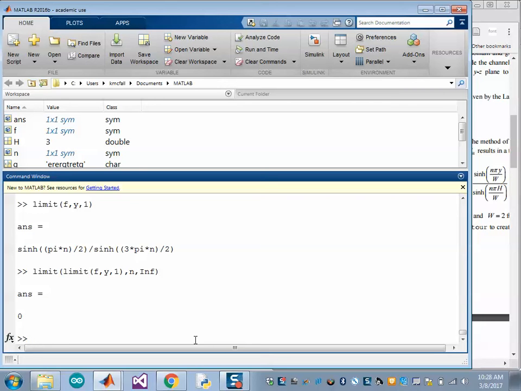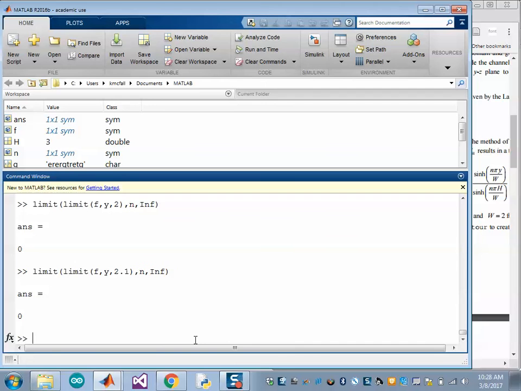As it turns out, if I put even 1.5 in there, the limit as y goes to 1.5 and n goes to infinity is 0. And no matter what y I put in here, it goes to 0.